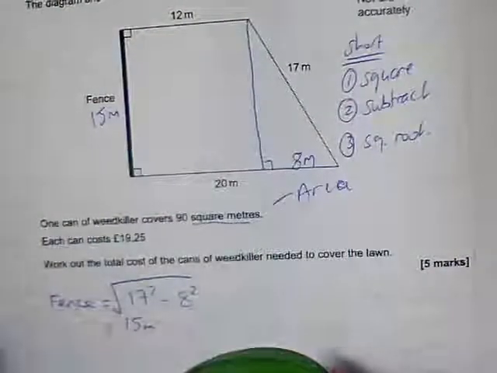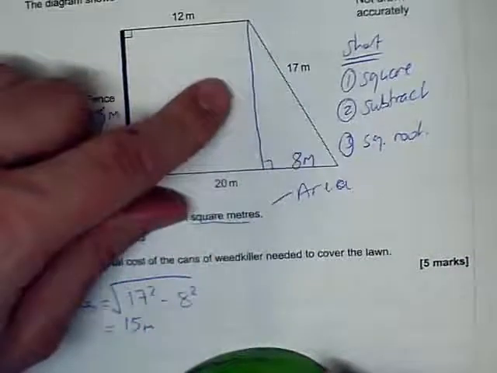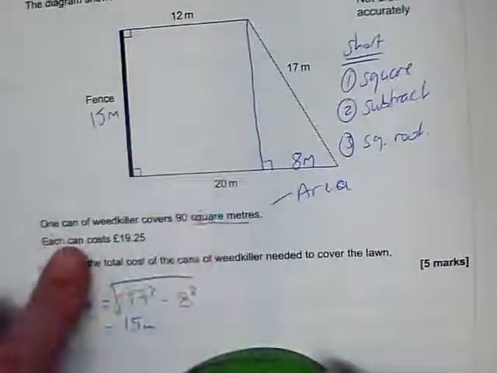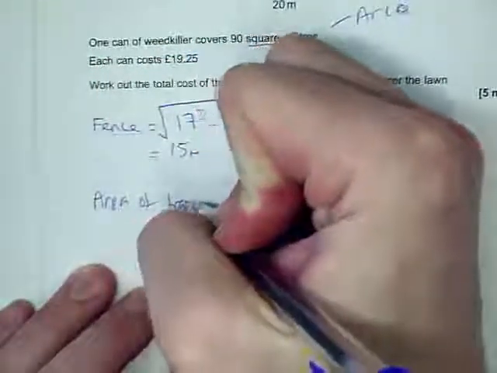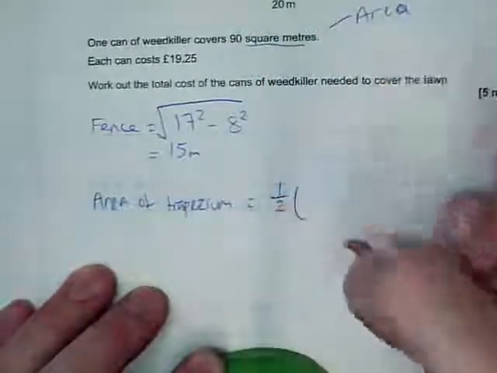So I said at the start of the video that I want to work out the area of this trapezium. Once I know the area, I can then see how many cans of weed killer I'm going to need. So the area is half the sum of the parallel sides.